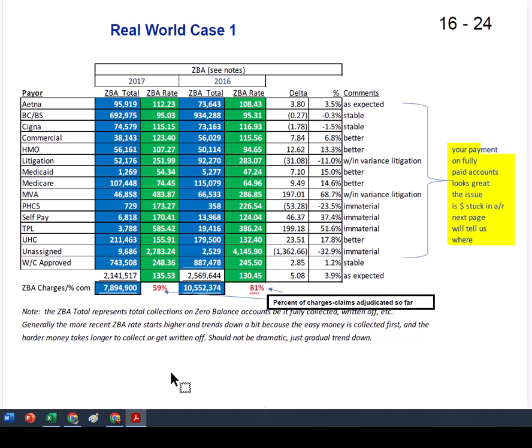So one of the things I would do is we would look at the accounts that have been fully adjudicated, so zero balance, just to get rid of any timing noise. And we would compare the rate per RVU by payer on fully adjudicated accounts, basically that whole date of service thing we talked about.